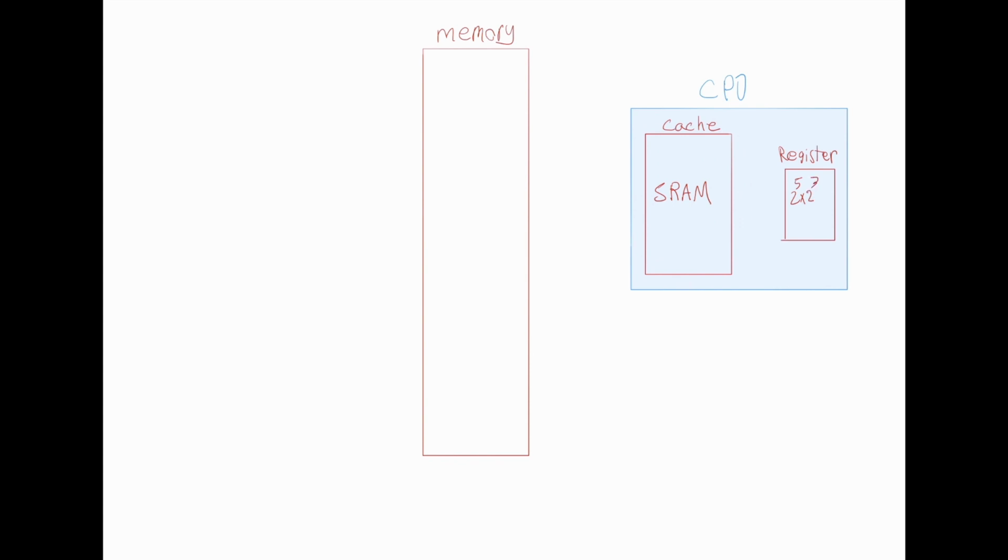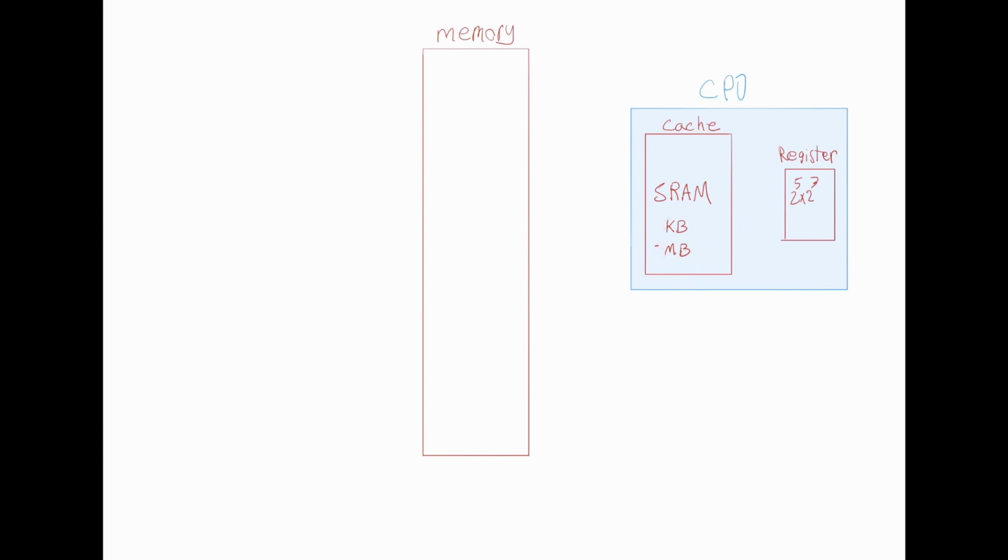So you have only 256 bytes of it. The cache, depending on how many levels you have, it could be from, I don't know, kilobytes to perhaps megabytes. When it gets to megabytes, it's usually sitting outside the CPU, but that's kind of the range.